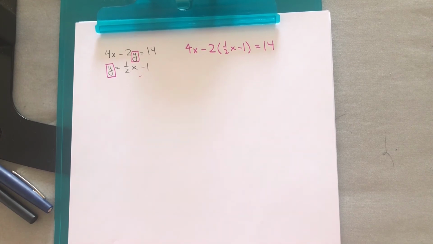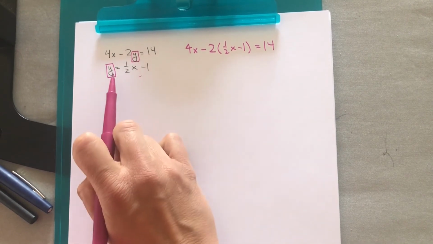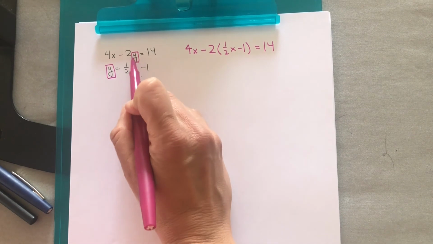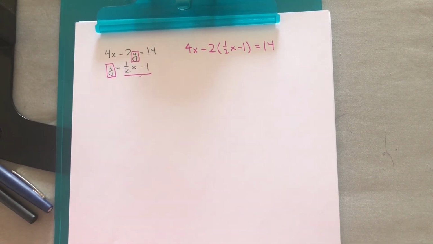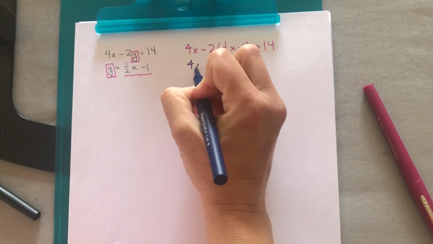So this works for systems again, because at this point in time, this value is equal to that value, and this is equal to this, so I can just replace the y in this equation with 1/2 x minus 1. And now I have an equation in one variable that I can solve. So first I need to distribute.